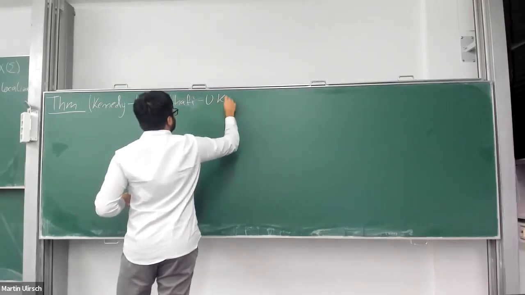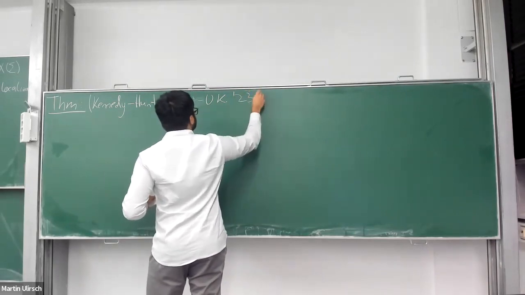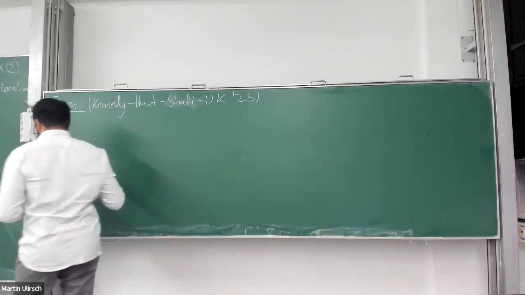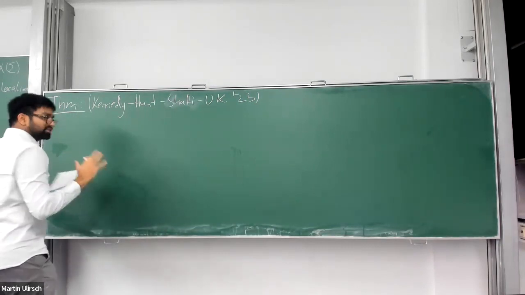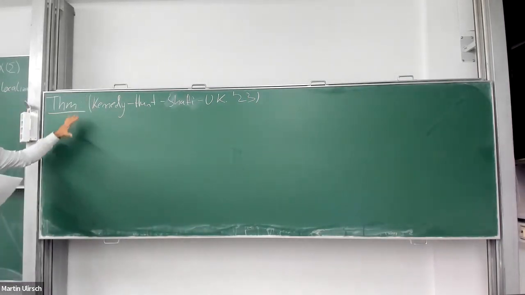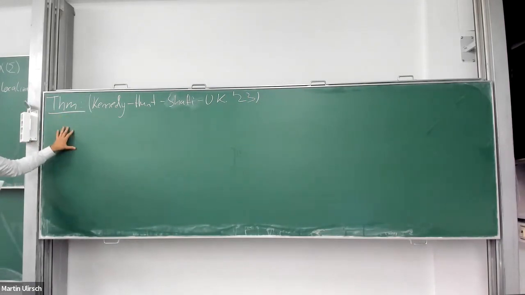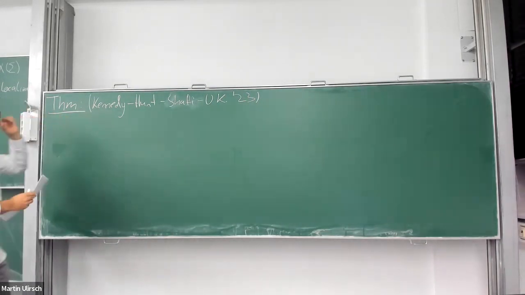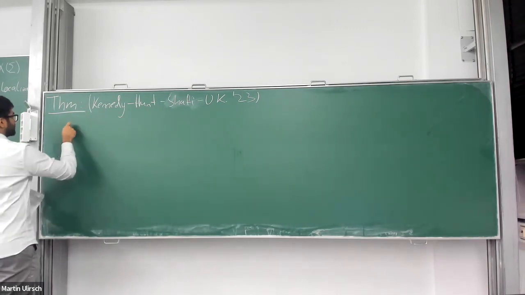So this theorem is going to be a tropical correspondence theorem. It's going to relate something algebraic, algebro-geometric, with something tropical. I'm going to write down the algebraic thing first.